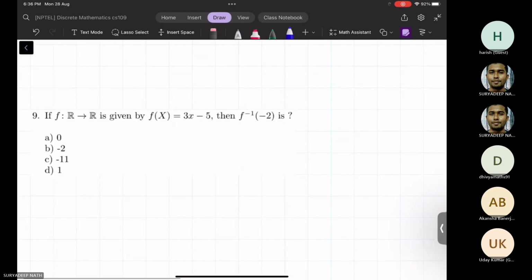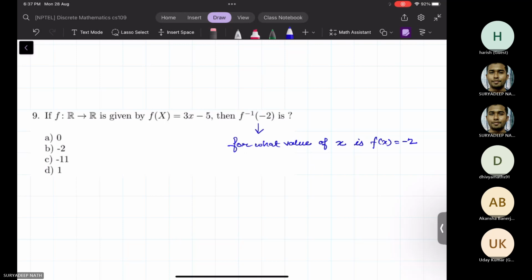Again, you have a function that maps from the real numbers to real numbers and is given by f of x equal to 3x minus 5. So what is f inverse of minus 2? What this means is that basically, for what value of x is f of x equal to minus 2?